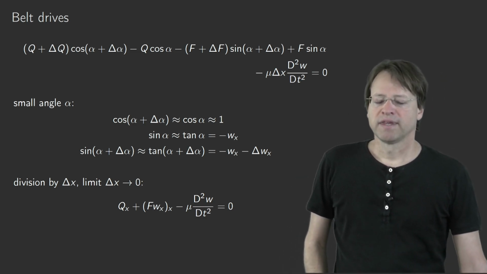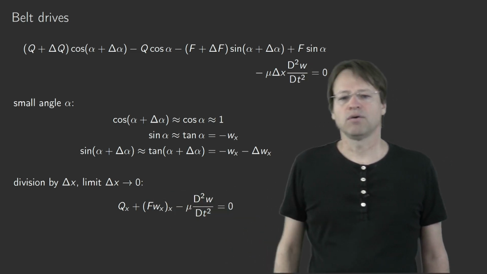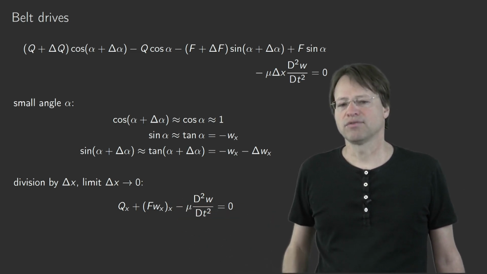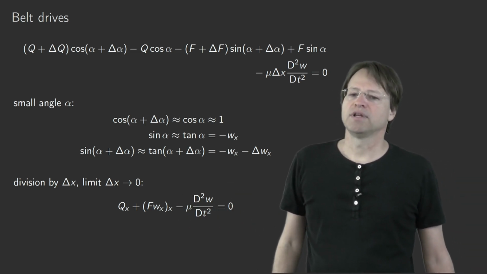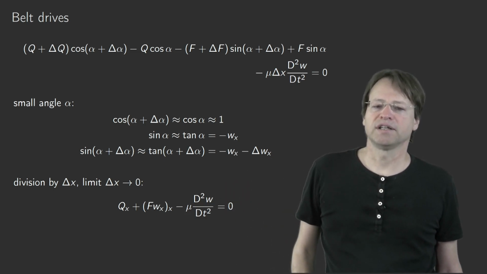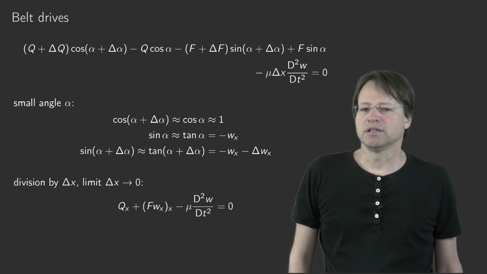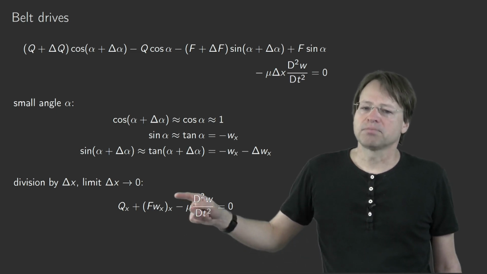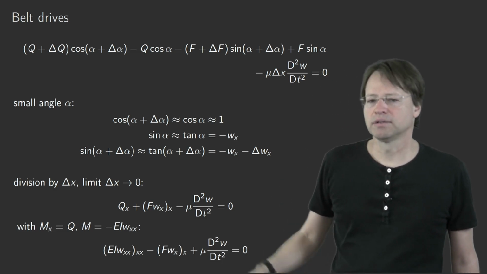So this will be the equation of motion in a simplified way, and now we have to find expressions for q and for f. We leave f to be the longitudinal force, but for q, the transverse force, we have to relate that transverse force to the displacement w to find an equation that contains the displacement as the only variable. So for the transverse force, we relate it to the bending moment.